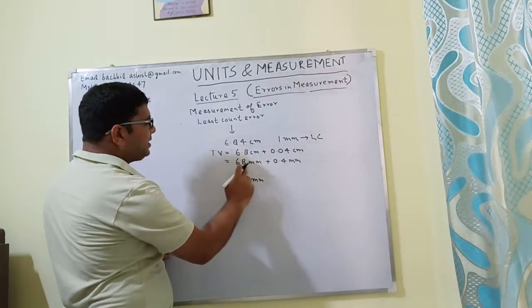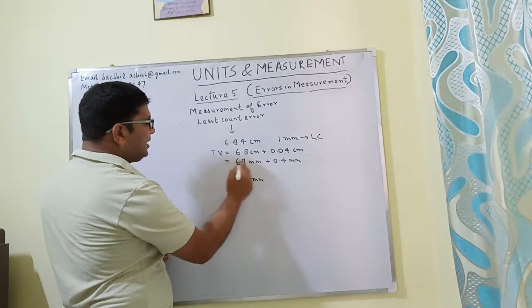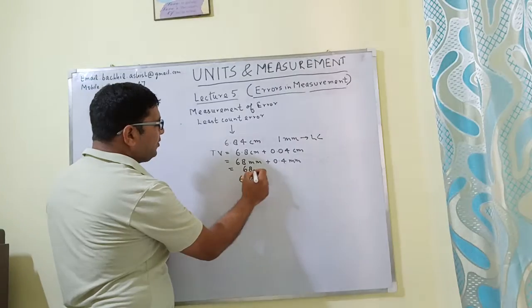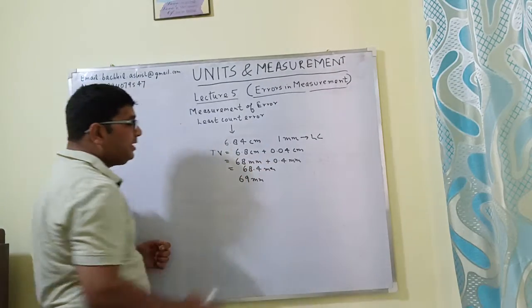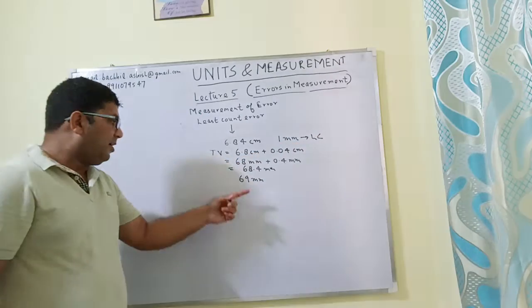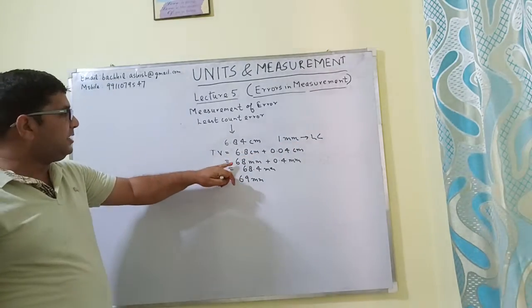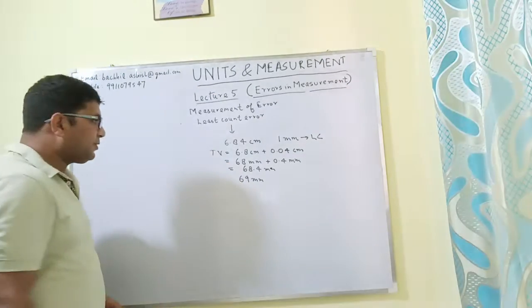It cannot measure 68.4 mm. So it will not be able to measure this reading because the least count is 1 mm. What it can do is it will measure 68 mm or 69 mm.